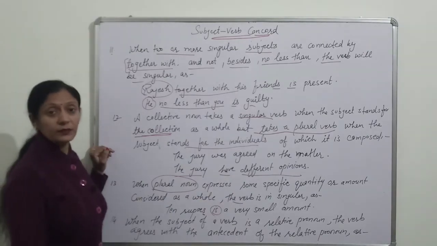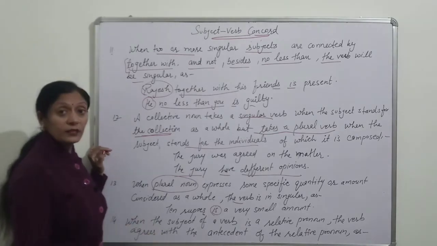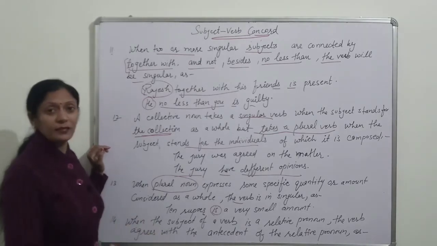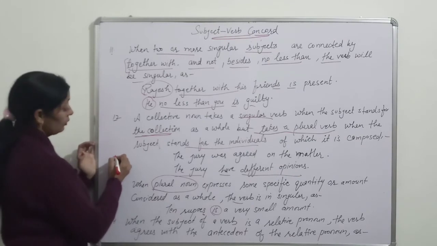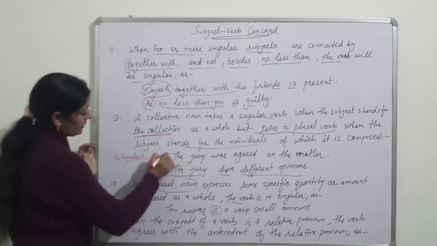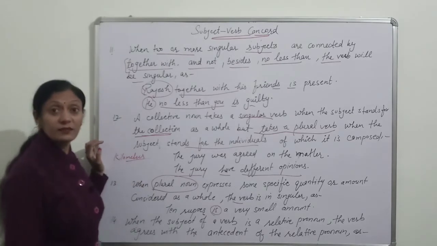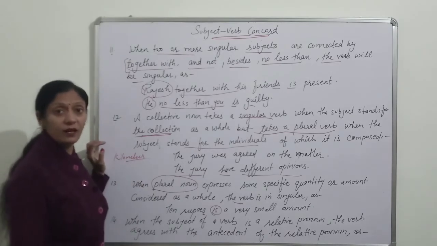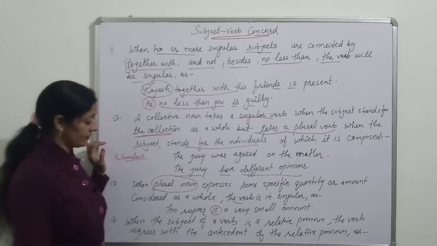Another example you can take, 2 kilometers is a short distance. Kilometers, no doubt S is used but we are using "is". 2 kilometers is a short distance.